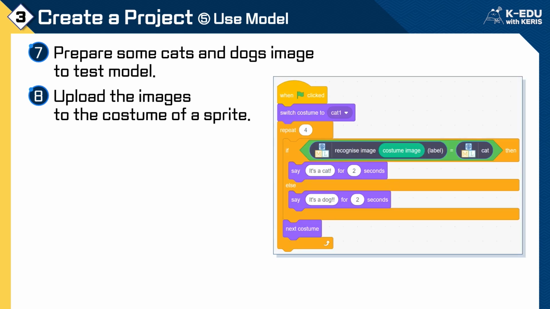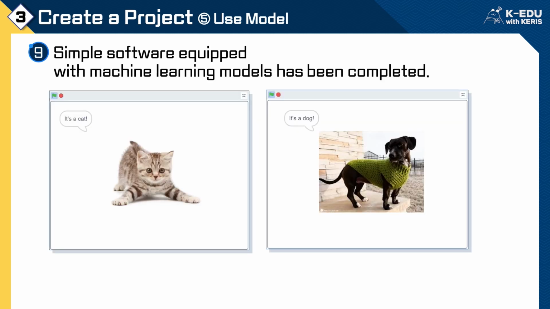Whenever the costume is changed, say it's a cat if the costume image is classified as a cat. If it is not a cat, let's make it say it's a dog. Simple software equipped with a machine learning model has been completed. When you run the software, it will run like the following screen.